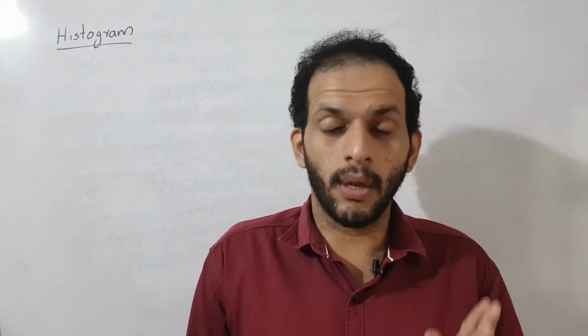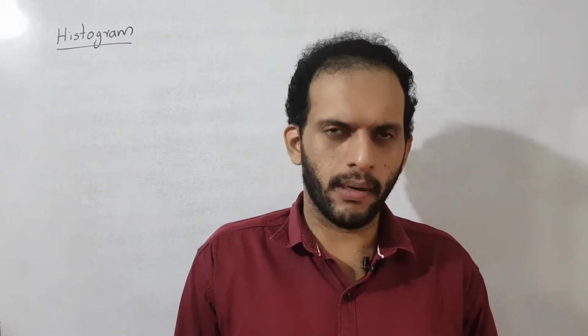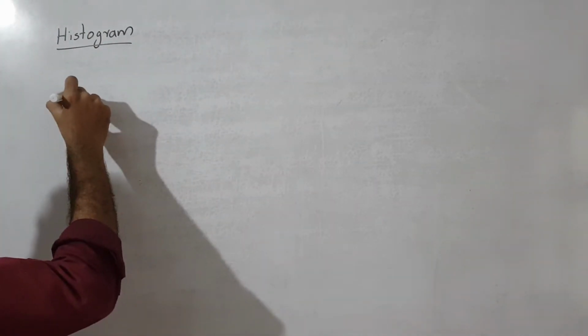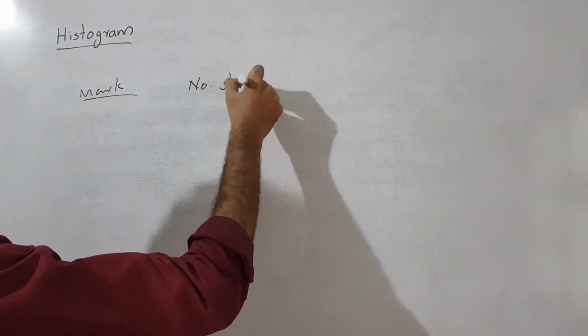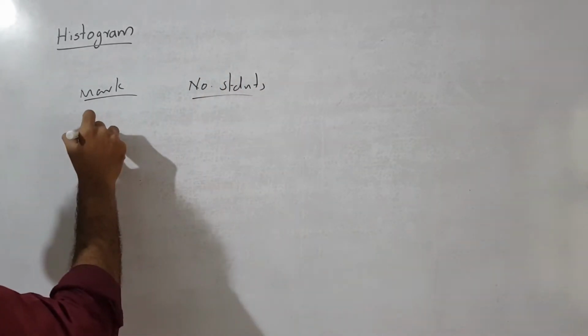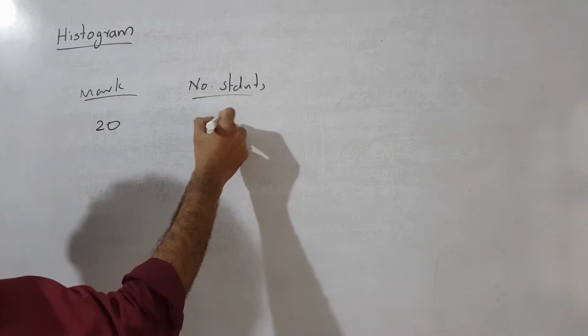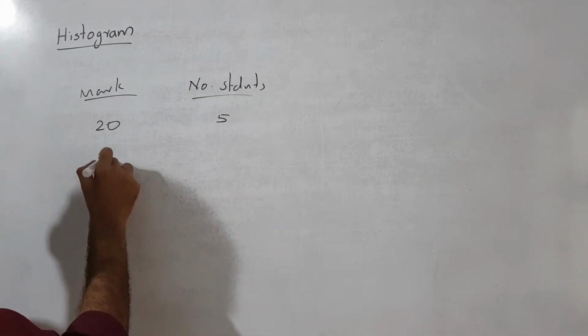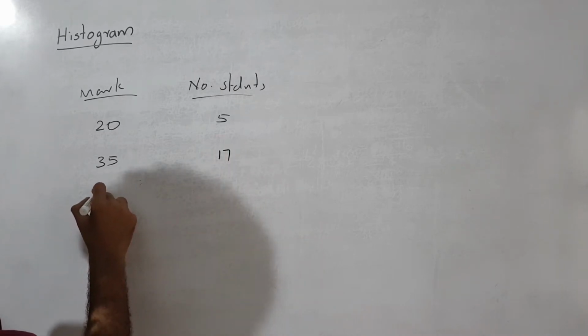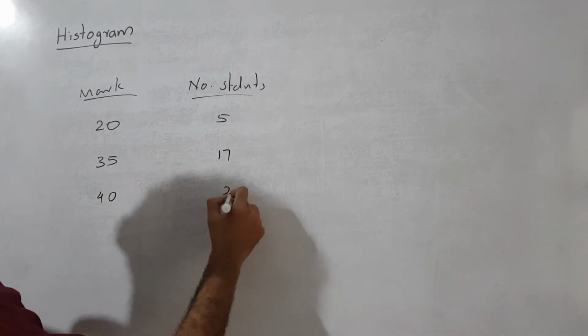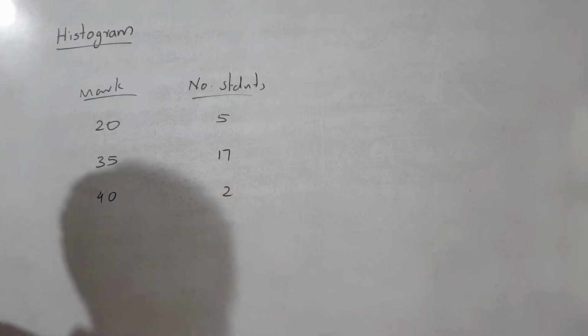I think you are remembering now how to construct the bar graph, correct? Then we have two columns. The first one is mark and the second is number of students. Then marks are 10, 25, 35, 17, 40, 2 like this.